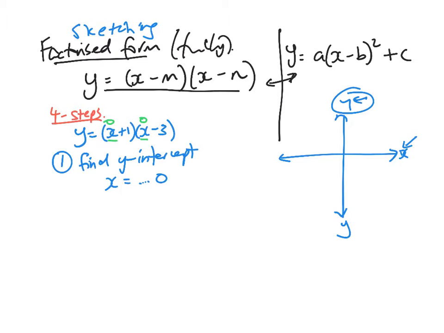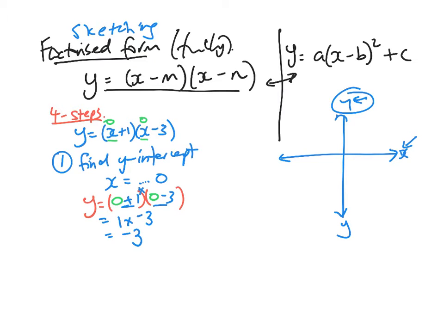The corresponding y value that we're now going to find is 0 plus 1, 0 take 3, which is equal to 1 times negative 3. Okay, so that bracket's 1, that bracket's negative 3, multiplied together, and that's negative 3.